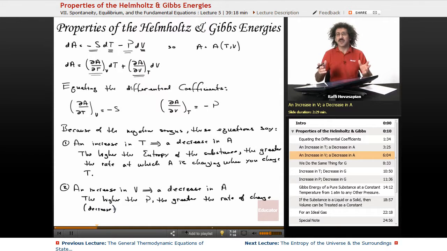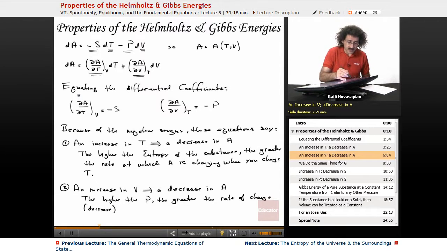If I'm at a particular temperature and a particular pressure, the Helmholtz energy is going to change at a rate given by whatever the pressure happens to be. If the pressure is higher, the rate of change is going to be bigger. The decrease is going to be bigger if I'm increasing the volume. And it's the other way around. If I'm decreasing the volume, it's going to go the other direction. The Helmholtz energy is going to increase. So that's all that this is saying.